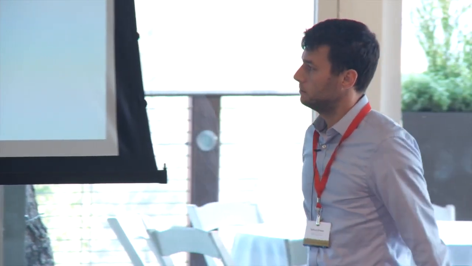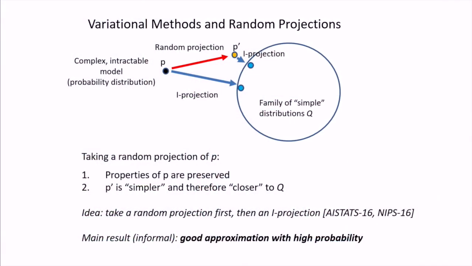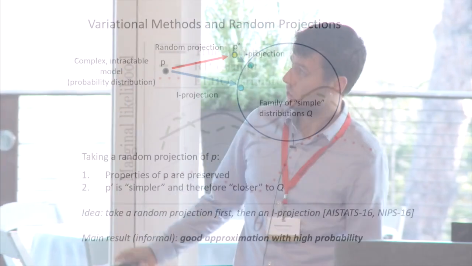And because the randomly projected model is simpler and easier to approximate, you can show that if you repeat this process a small number of times, you can get a provably good approximation of the original model with high probability, as opposed to what we had before. Before, you could not bound this distance, but if you add this random projection step, then you can get much better estimates.